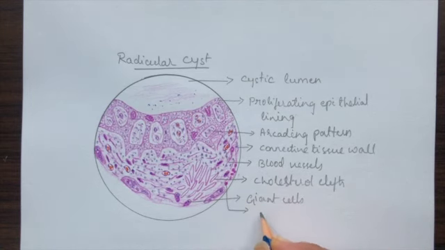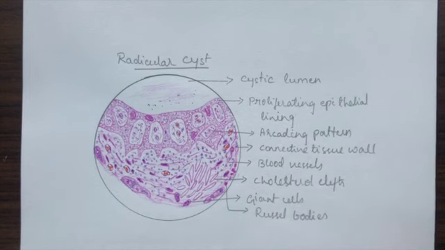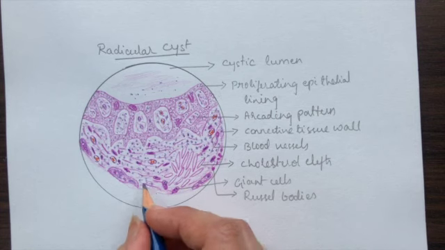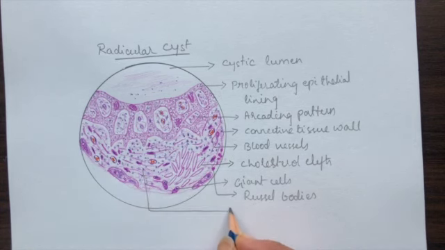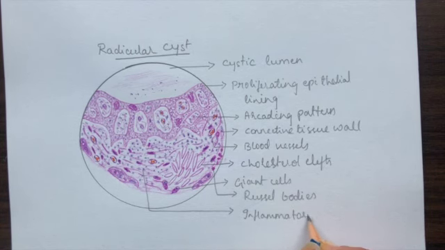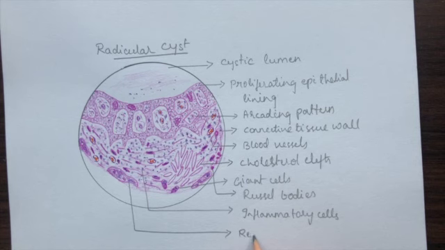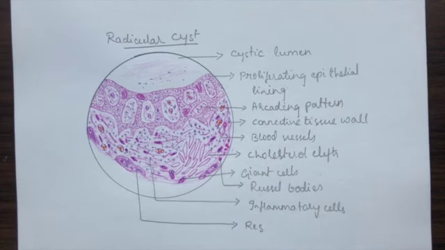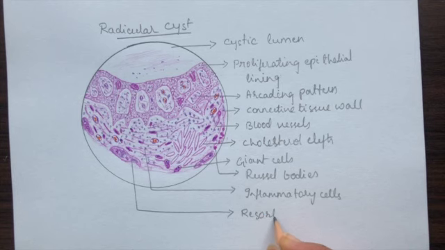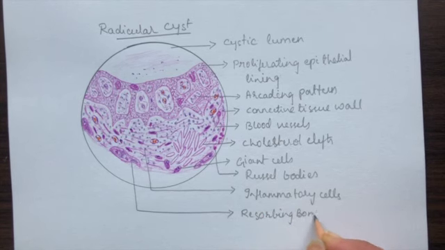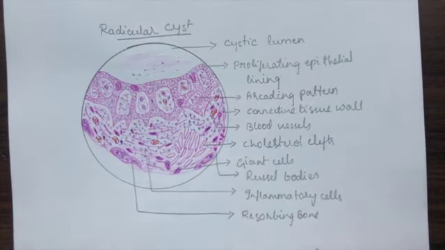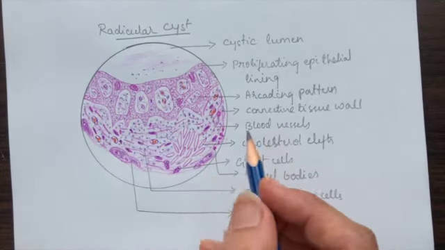we have Russell bodies, which are the eosinophilic refractile bodies, gamma globulins coming from plasma cells. We have inflammatory cells, abundant inflammatory cells, then we have resorbing bone, then another important structure in the epithelium is the hyaline bodies.